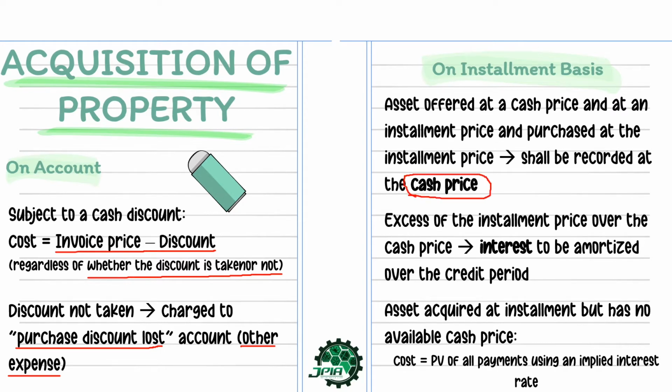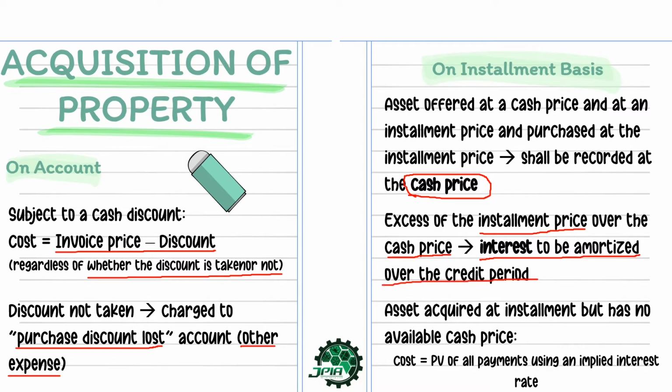The initial measurement, again, should be the cash price. But remember, we need to determine the excess of installment over cash price. Why? We need to know because we need to amortize it over the credit period.